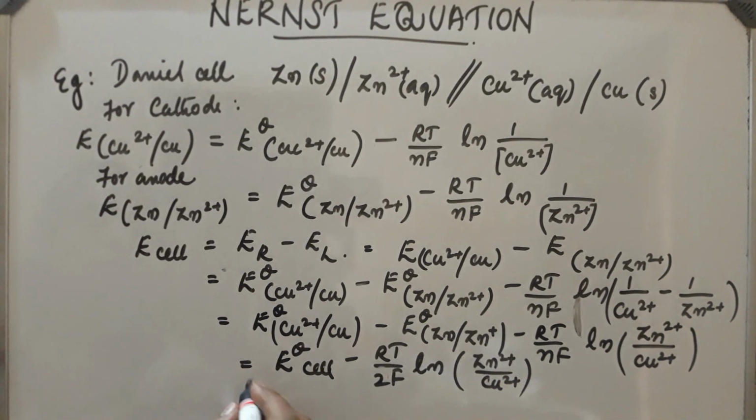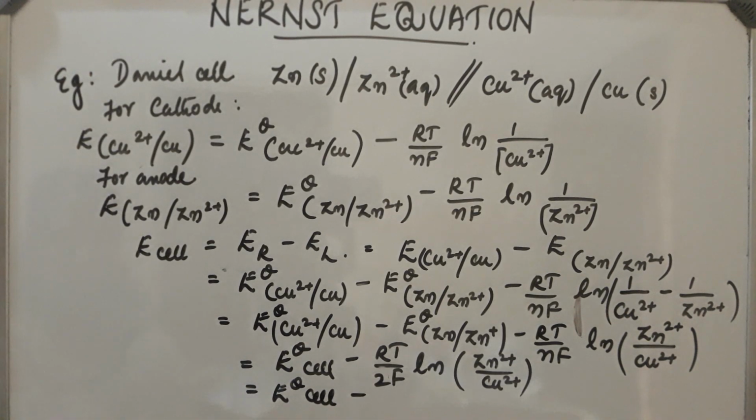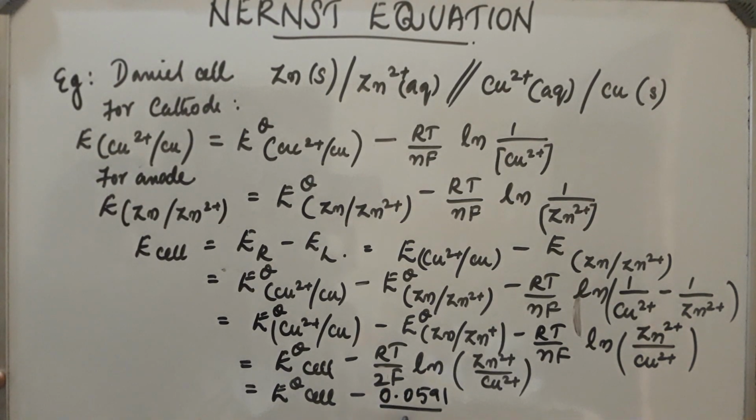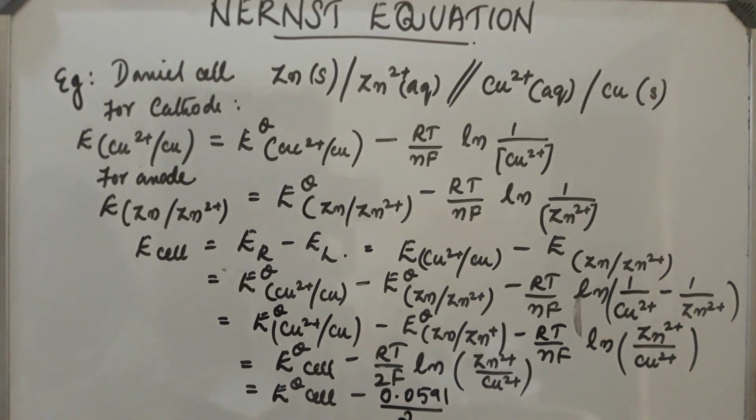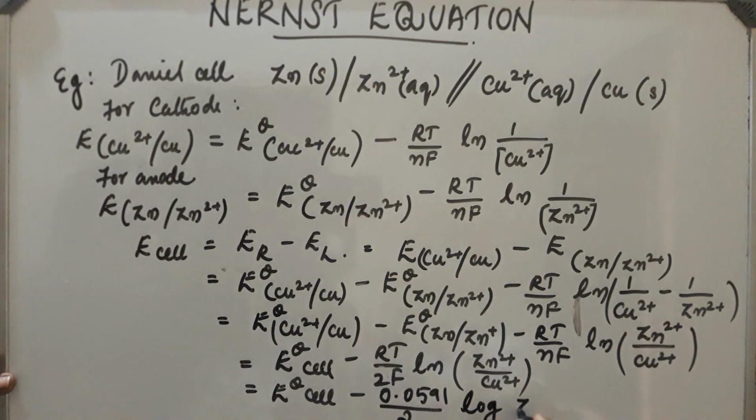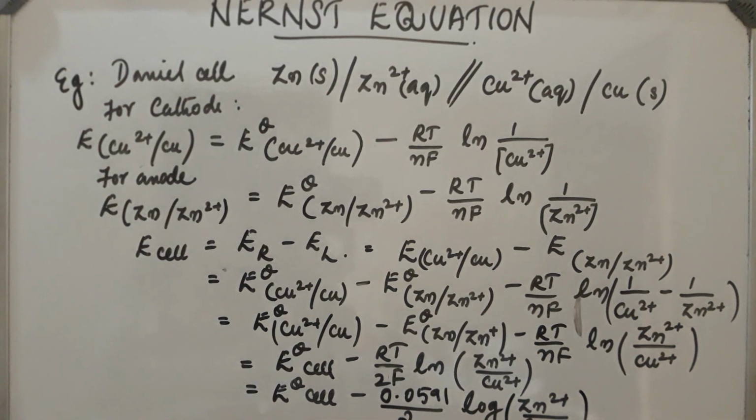So, this will be equal to the standard electrode potential of the cell minus 0.0591 by 2. Substituting these values, the value will be like this. This is ln, so we have to convert this into log by multiplying by 2.303. So, this will be log Zn2+ by Cu2+. This will be the Nernst equation of the Daniell cell.